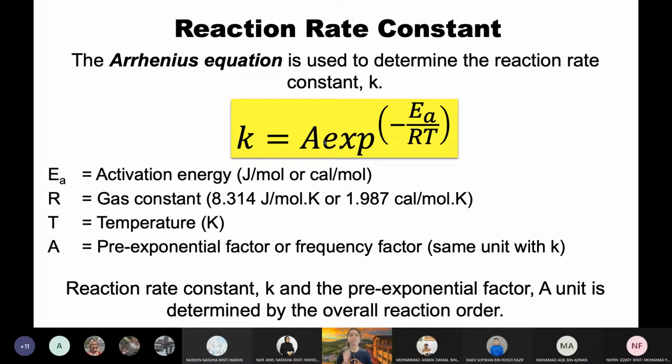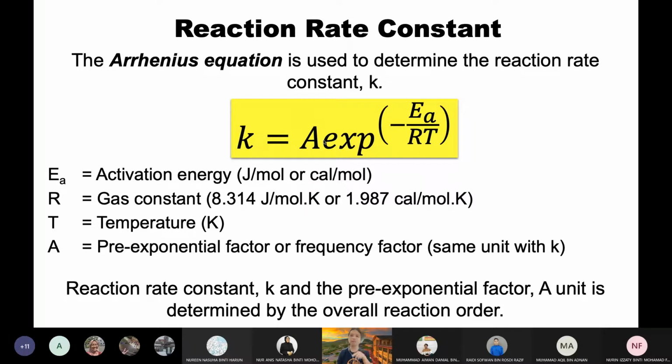I admit there's a lot of alphabet that you kena familiar. Tapi the good thing is nanti dalam chapter, now is chapter 3, right? Chapter 4, chapter 5, chapter 6 kamu jumpa balik K ni, almost the same alphabet. Okay, so K equals to A. A is the frequency factor or we call it pre-exponential factor, either one pun sama maksud dia.